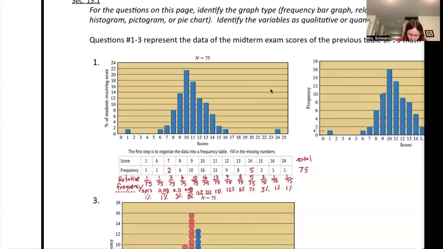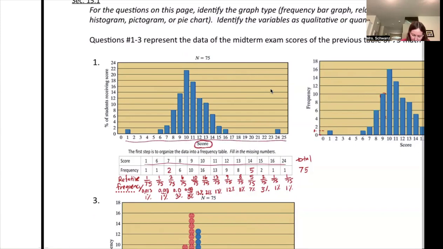Okay, so like I said, we have the score, and we now have the relative frequency written as a percent. The score is going to be the same. I look at the x-axis, it says score, so all these numbers are going to show up over here, right?